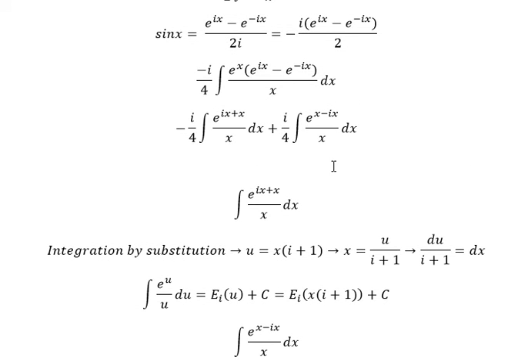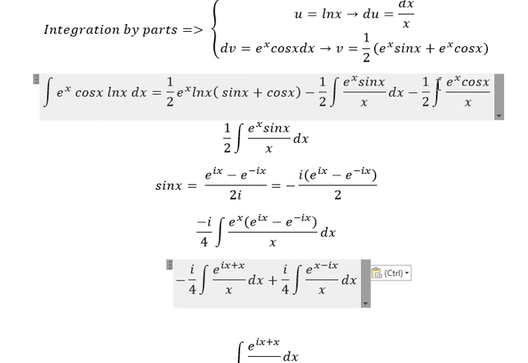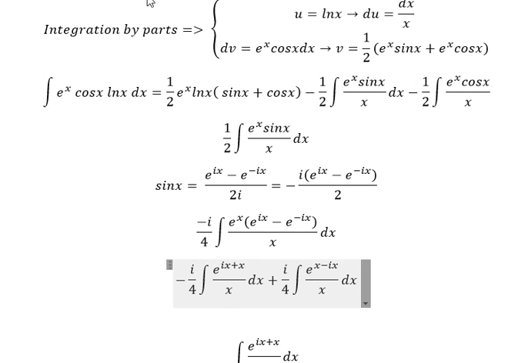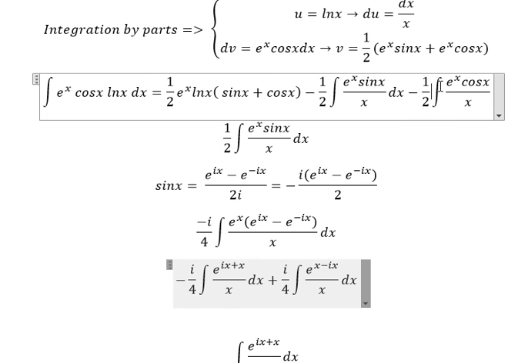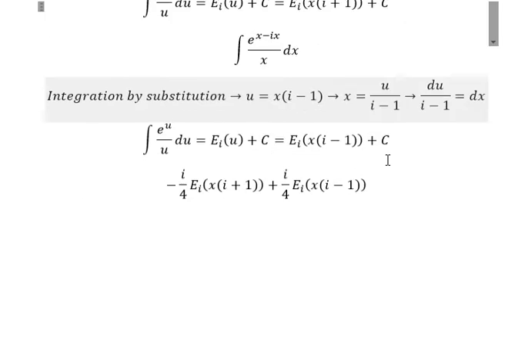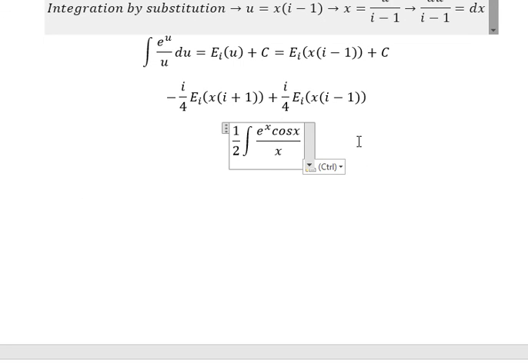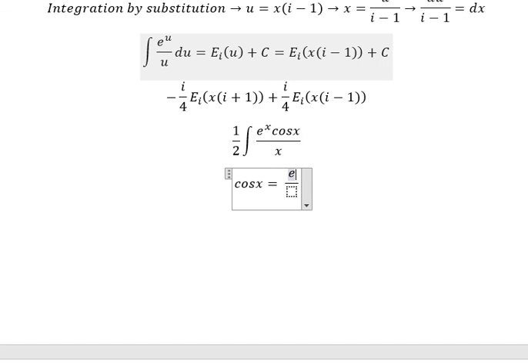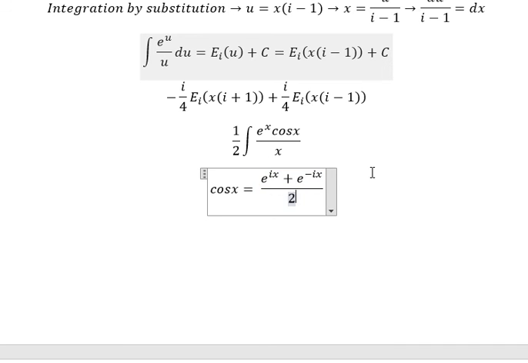Now we do similar for the next one. We have cosine s equals e to the power of is plus e to the power of negative is, and we have the number 2.